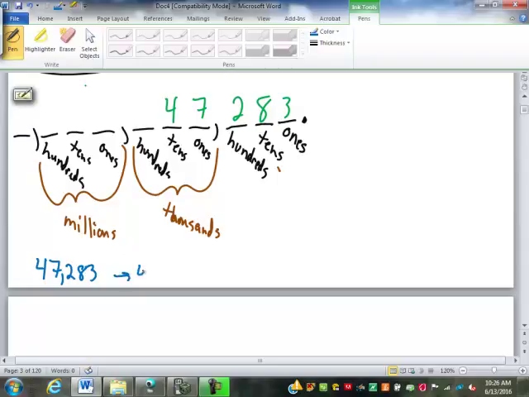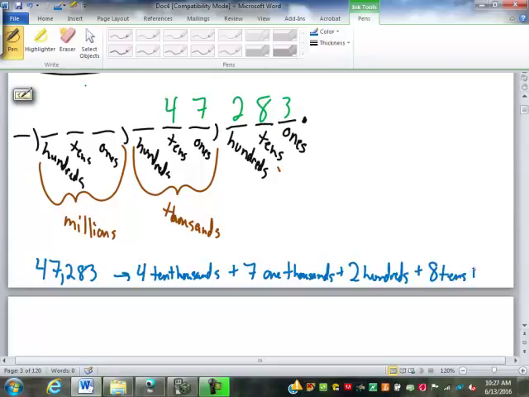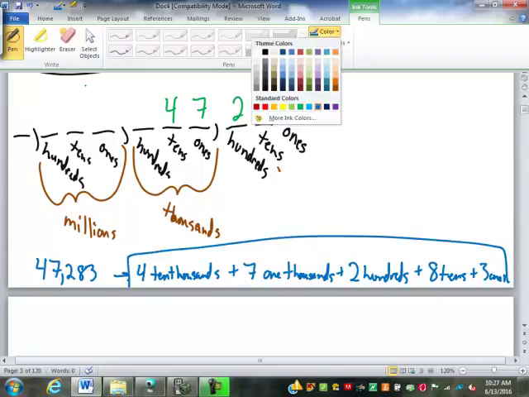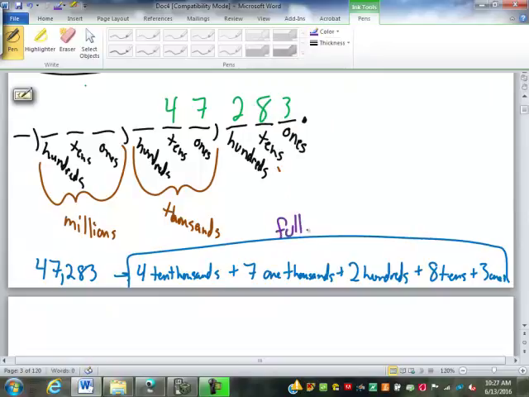That full number is 4 10,000s and 7 1,000s and 2 100s and 8 10s and 3 1s. That is the full form of that number, sometimes called the expanded form.